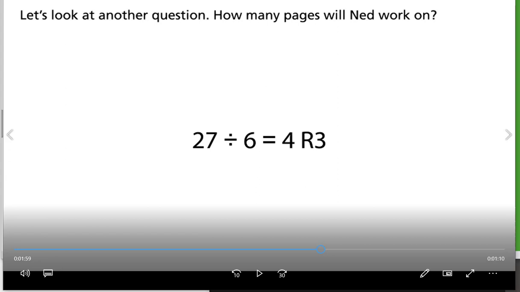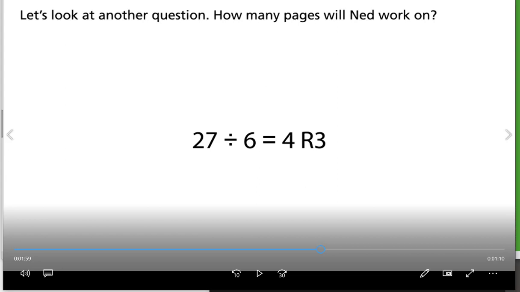Ali Zakaria? Muhammad Shaban? Yes, teacher. Yes, my hero, how many pages will he work on? 6.